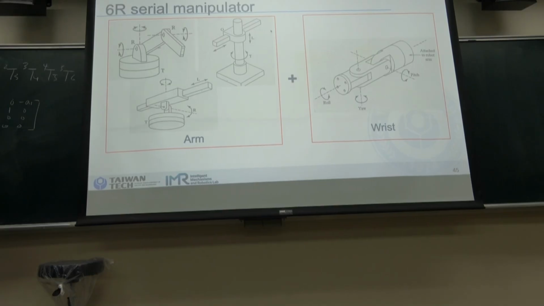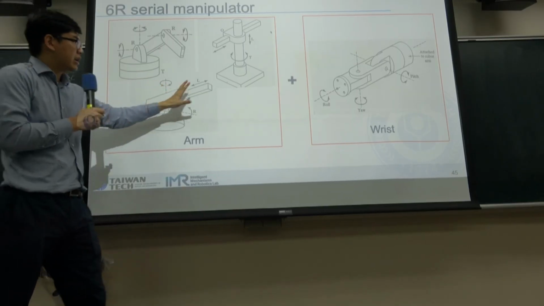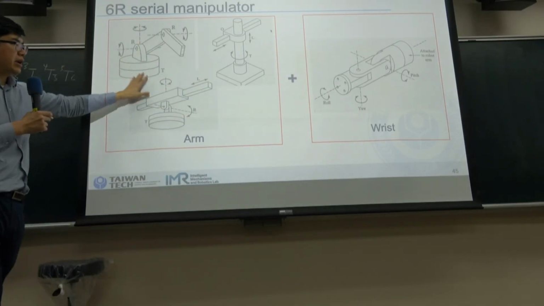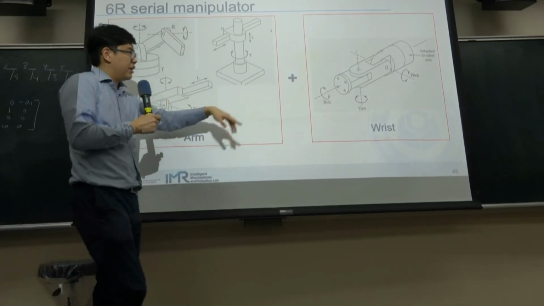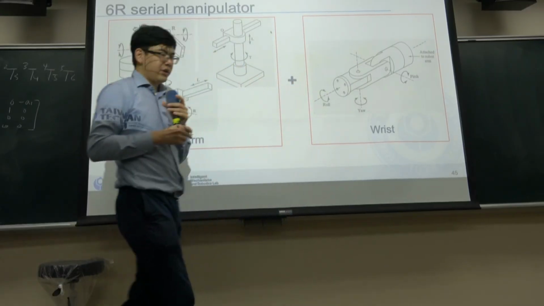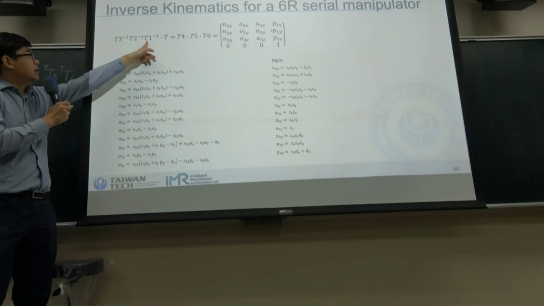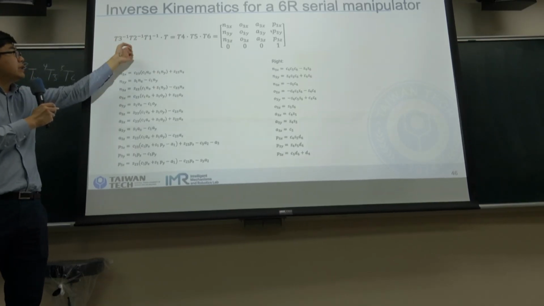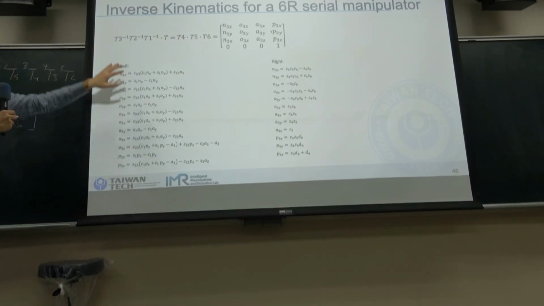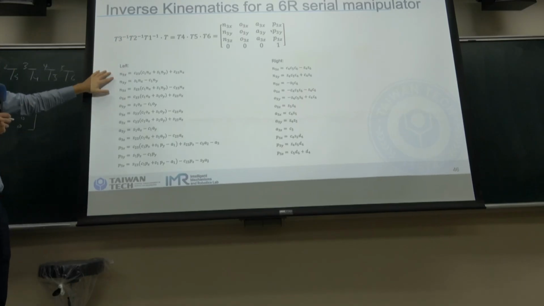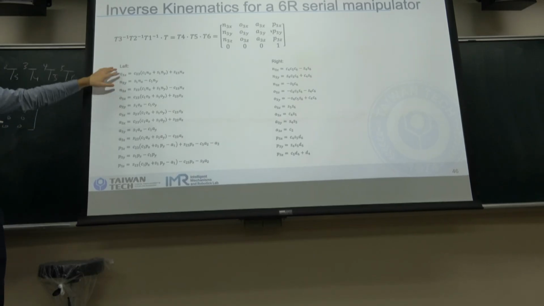relationship. And another technique is, we know that 6 degree of freedom robots, we can separate into the arm and the wrist. So the arm is the first 3 joints, and the wrist is the last 3 joints. So which means that we want to multiply the inverse of the first 3 joints in front. On the left-hand side, the 12 elements are equal to here.